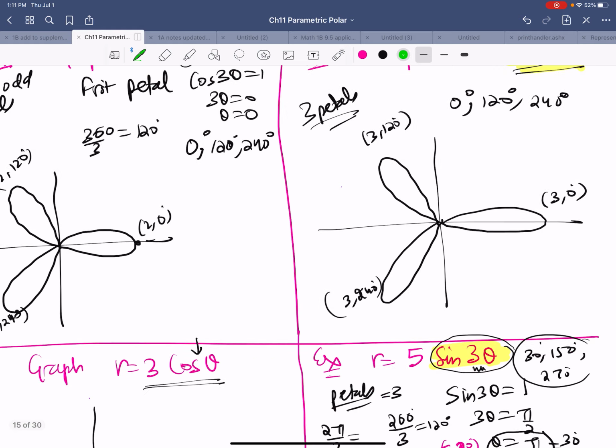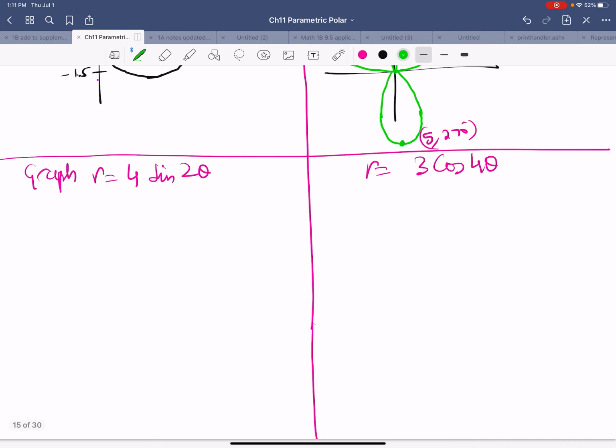All right, let's see 2 more examples here. We may not complete them, but let's just start thinking about them. The first one is r equals 4 sine 2 theta. r equals 4 is the radius, I know that, and because n is 2, I'm going to have twice the number of petals.